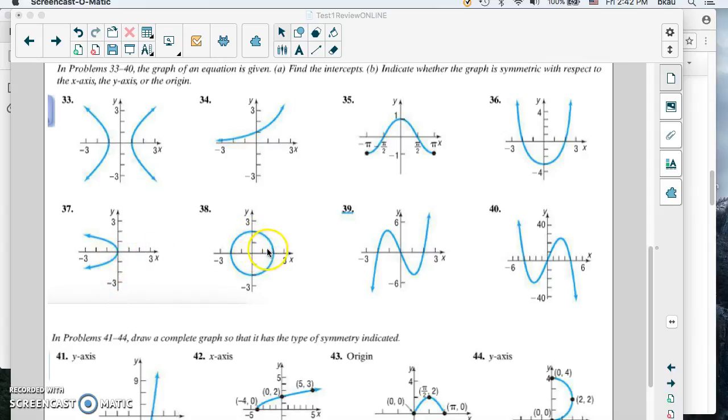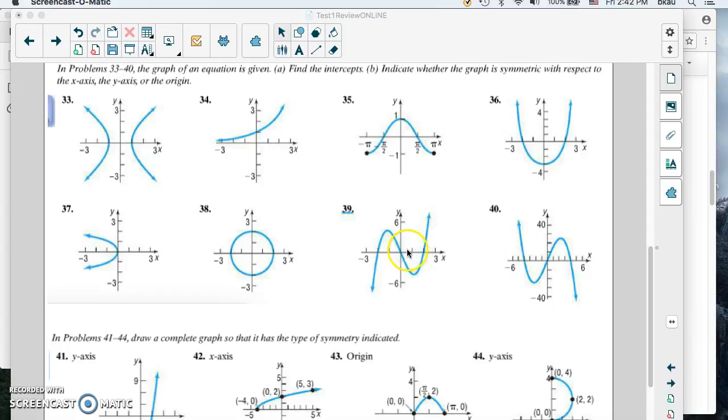38 has all three types of symmetry: x-axis symmetry, y-axis symmetry, and origin symmetry. If we take it and rotate it around that dot, we're still going to get the same circle. The intercepts are 2, 0, 0, 2, negative 2, 0, and 0, negative 2. 39 and 40 are cubic graphs, x to the third graphs, just by the way they look.